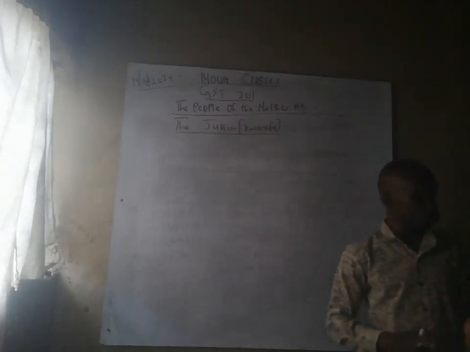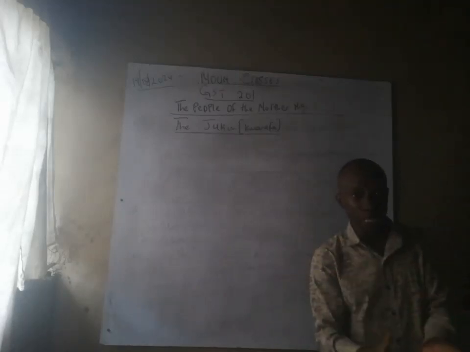Now, looking at the origin of Jukun, Jukun is known as Kwarafa. They are believed to have occupied the area between the river Niger and the river Benue, sorry.